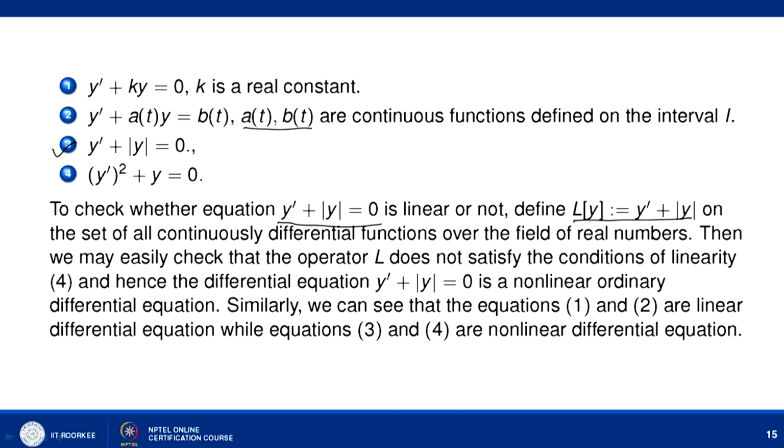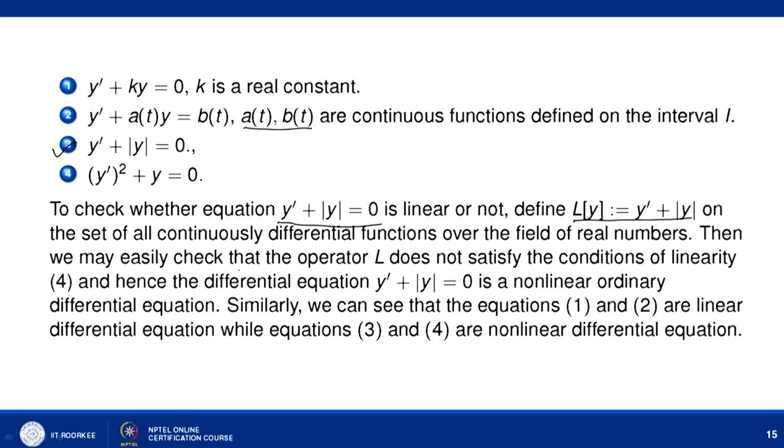Here we consider only that part which is a function which involves the variable y. Now, we want to check whether it is linear or not, and it is defined on the set of all continuously differentiable functions over the field of real numbers.